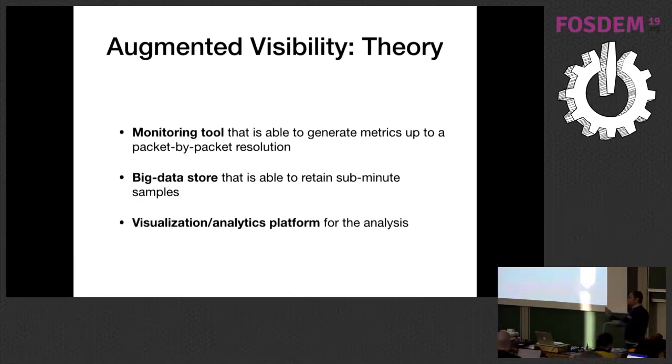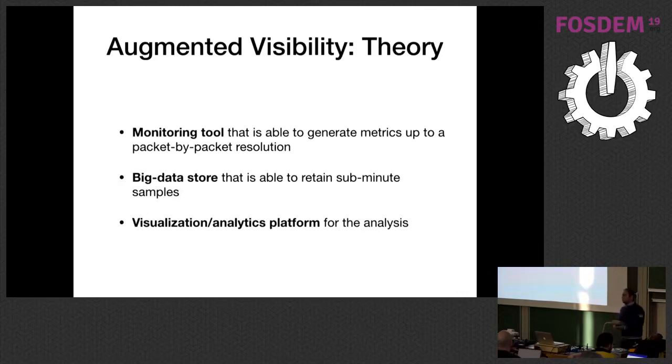Then we need a data store that is able to ingest high resolution metrics and provide timely response to the queries. Because if we use high resolution metrics, we end up generating 100 millions of points per day in real world networks, in corporate networks.